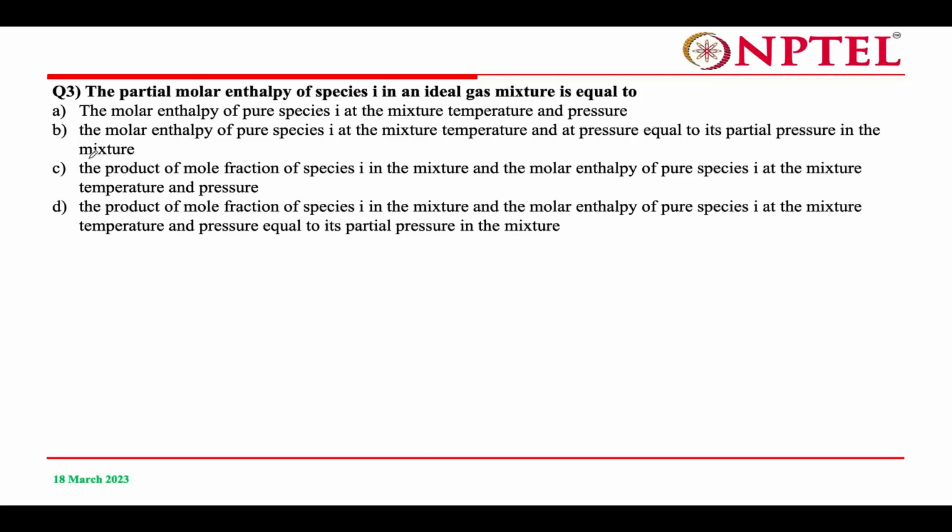Option B: the molar enthalpy of pure species i at the mixture temperature and pressure equal to its partial pressure in the mixture. This is right. So Pi equal to Yi RT by Vig, so pressure equal to the partial pressures in the mixtures.